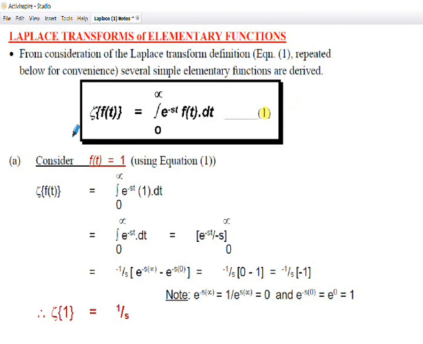In the first example, part A here, our function of t is going to be simply the number 1. So basically we're replacing this part of the Laplace definition with simply 1. So e to the minus st times 1 is e to the minus st, and if I integrate that, that's a standard form.